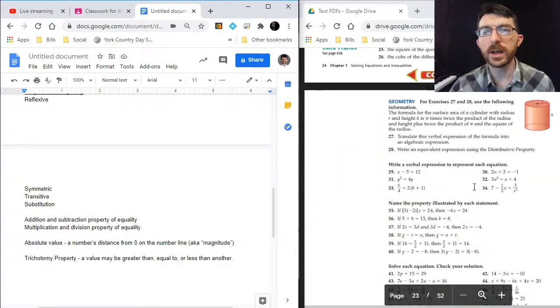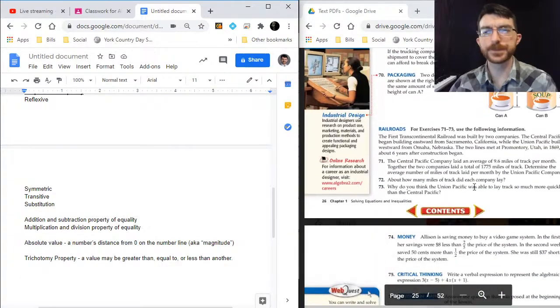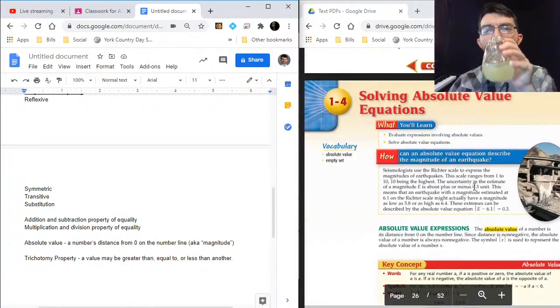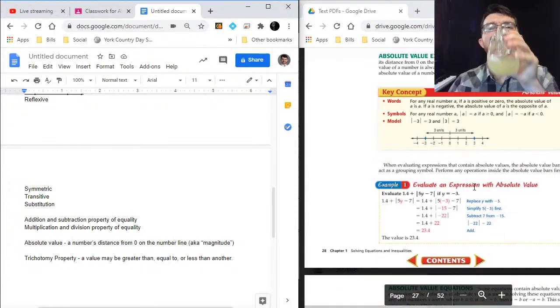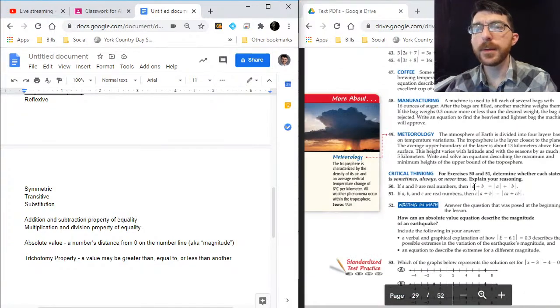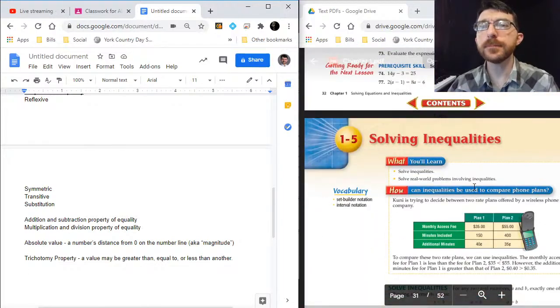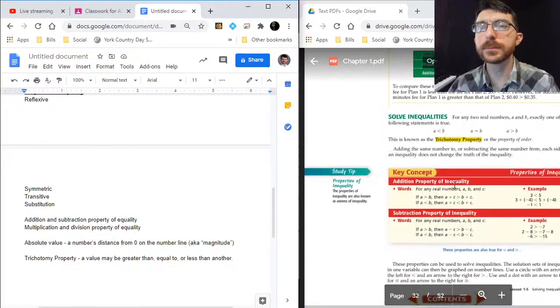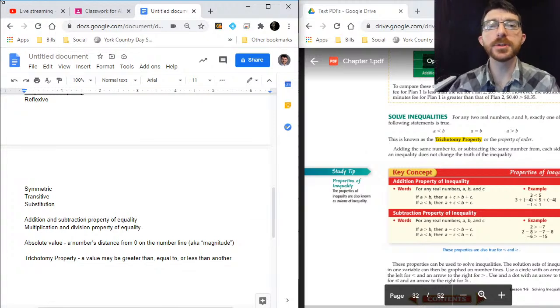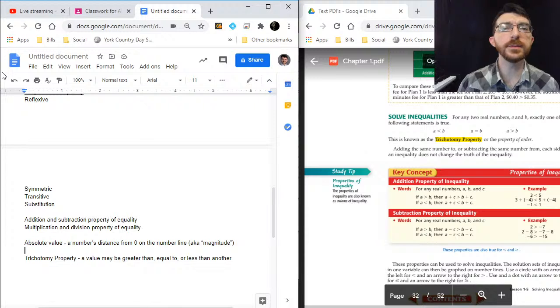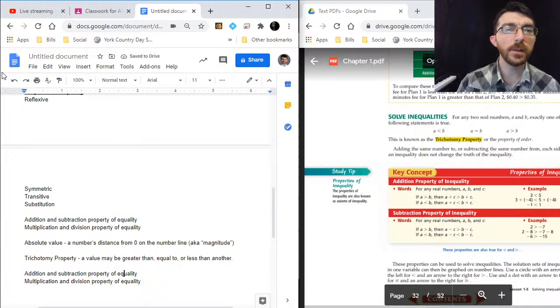Let's see, where was I on that? Here we go. Addition property of inequality, subtraction property of inequality. Okay, so that would have been the next thing in order. I'm just going to add in to these.